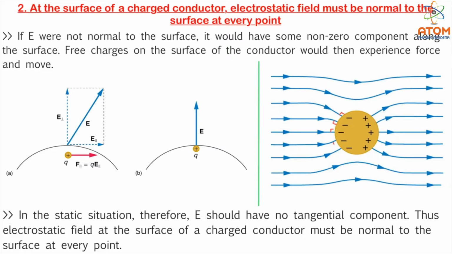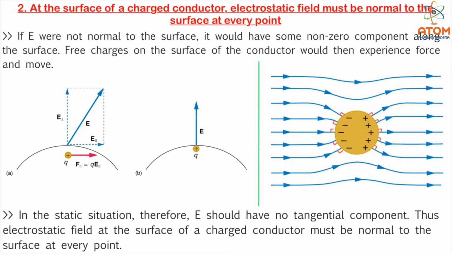All the electric field lines entering the surface are perpendicular, and all the field lines coming out from the surface of the conductor are also perpendicular, that means they are normal to the surface at that particular point.